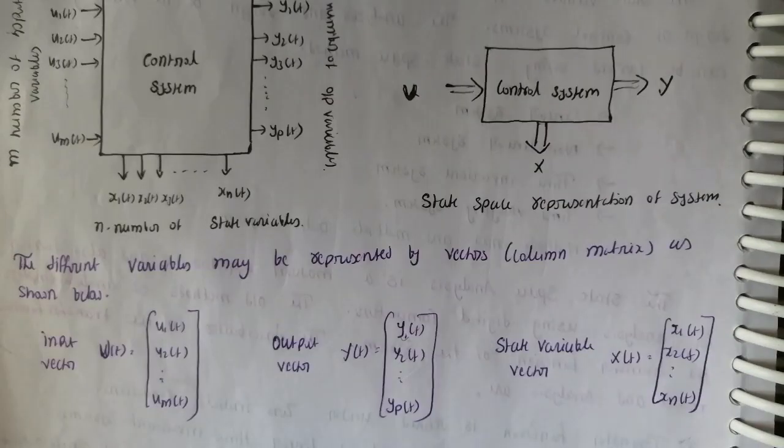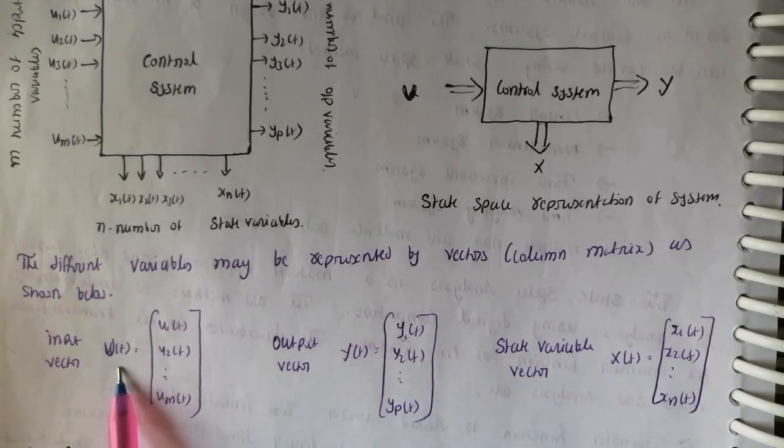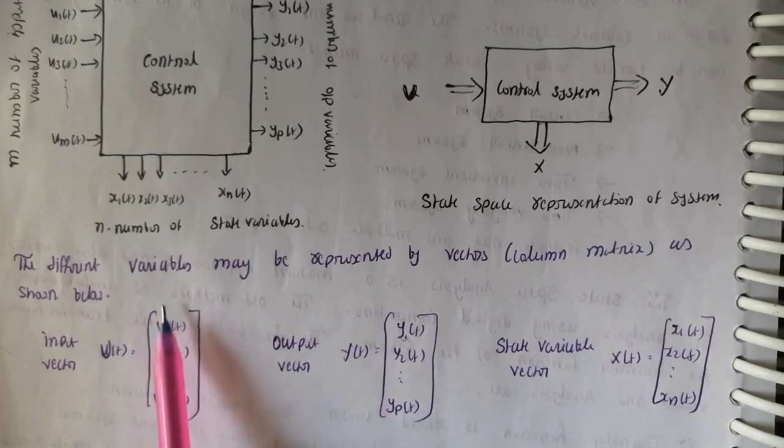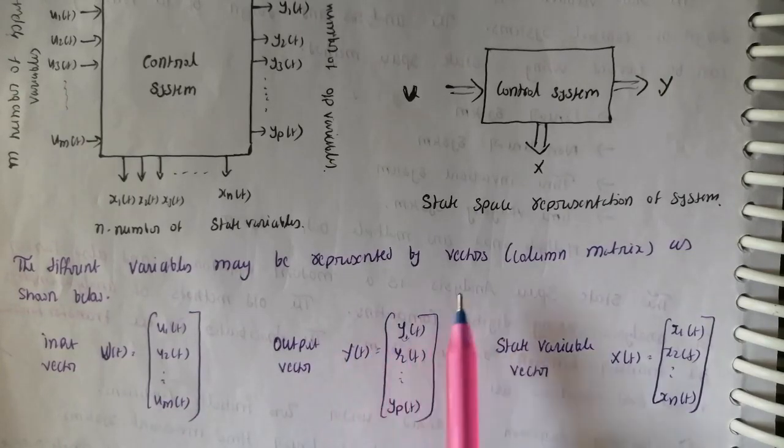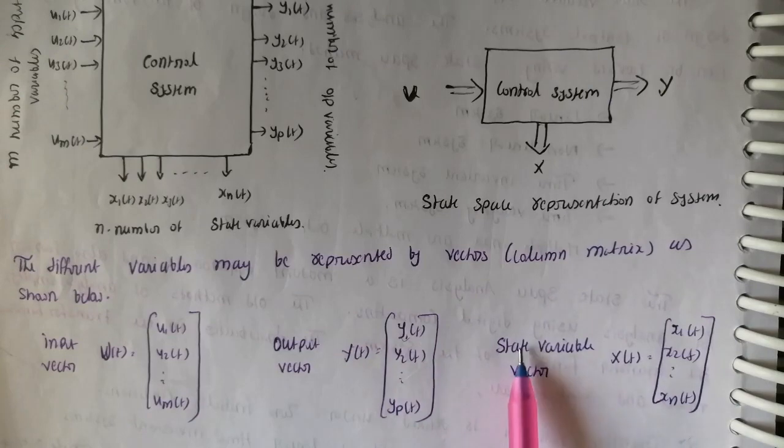Let me represent these three variables in the form of column vectors, in the form of matrices as shown below. That is the input vector, denoted by capital U(t). It consists of elements u1(t), u2(t), and so on, um(t). Similarly, the output vector y(t) is y1(t), y2(t), and so on, yp(t). Similarly, the state variables.